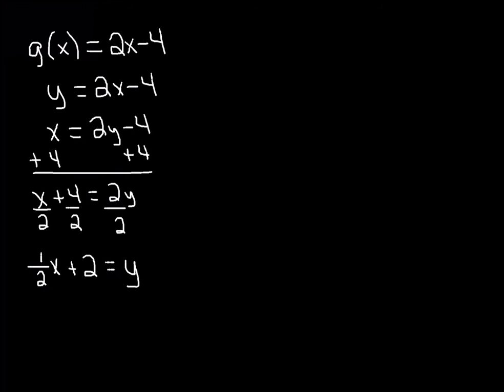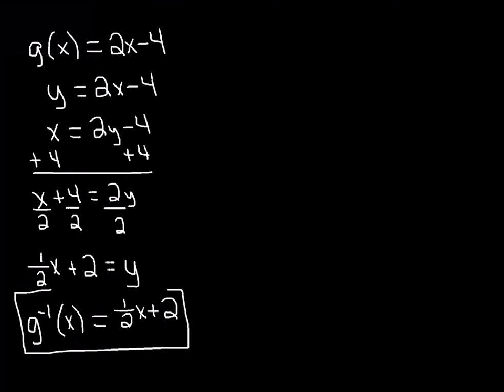Now, replace the y with your inverse function notation. So the inverse of g of x is equal to 1/2 x plus 2. So the inverse of 2x minus 4 is 1/2 x plus 2. This inverse would undo the function 2x minus 4. Let's do another example.